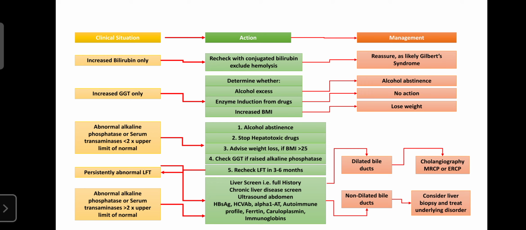Persistently abnormal LFT related to non-dilated bile ducts, also consider liver biopsy and treat the underlying disorders. Then for abnormal alkaline phosphatase or serum transaminase more than 2 times the upper limit of normal, these are the actions you should take, and these are the management parameters.